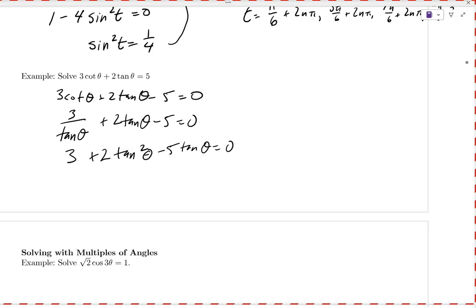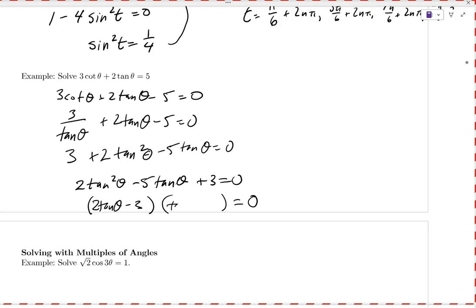And it's probably a little bit easier to see how this factors if I rearrange it. 2 tangent theta minus 3, and tangent theta minus 1. Good.